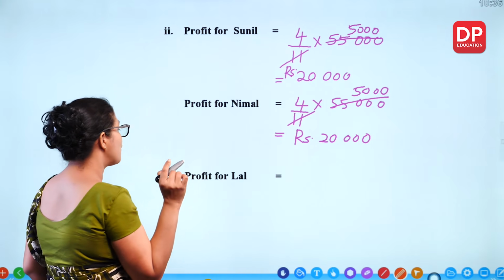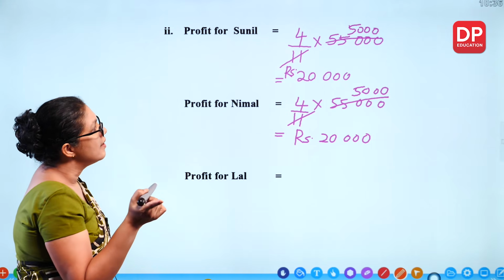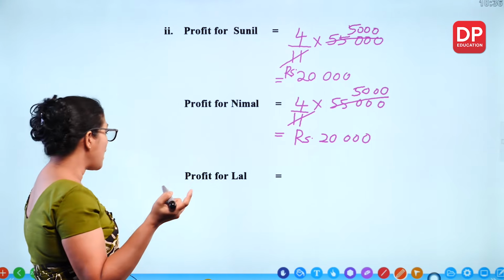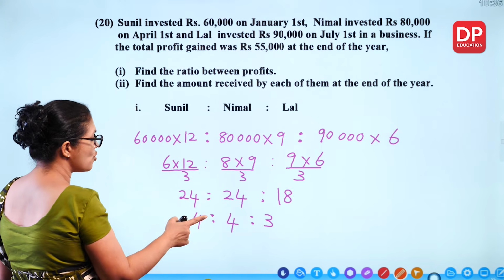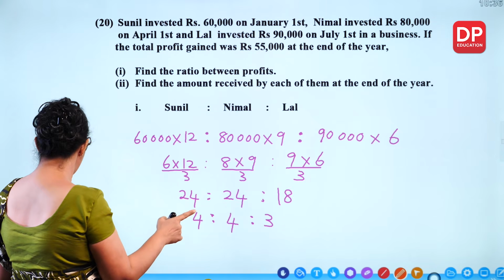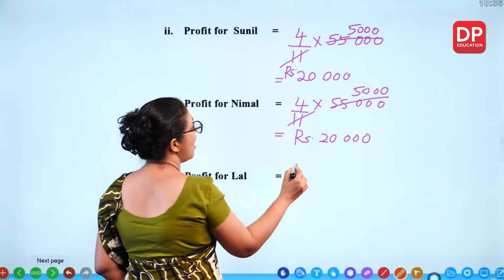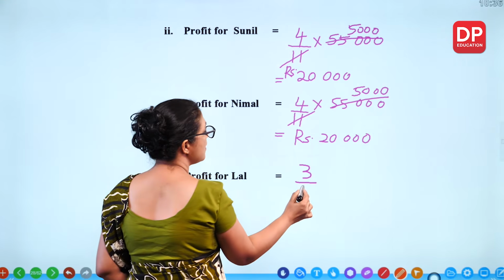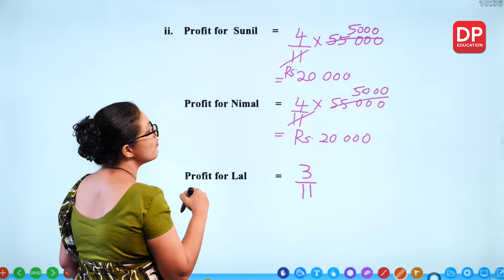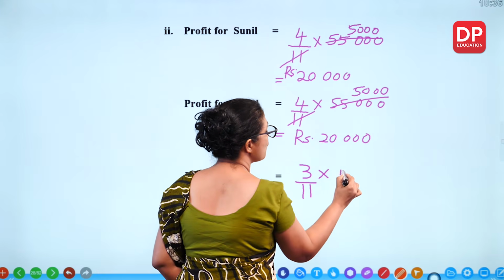Then the profit for Lal is, you can add these two and subtract from 55,000, or we can take the ratio. Ratio is 3 to total is 11. So as a fraction, 3 over 11 into 55,000.